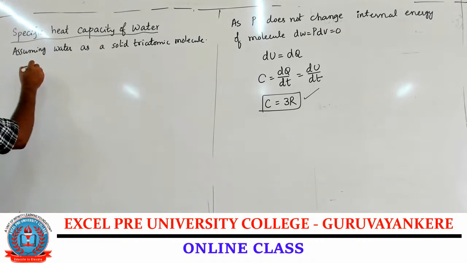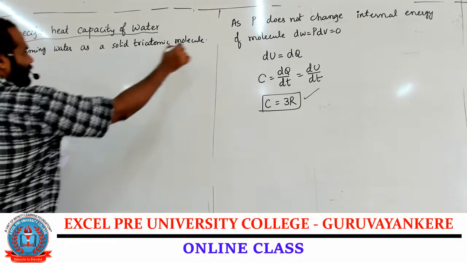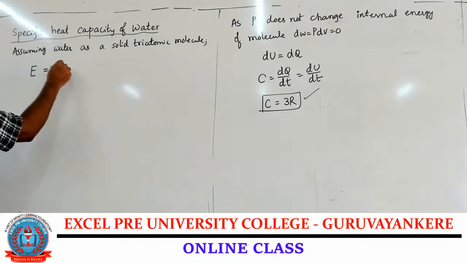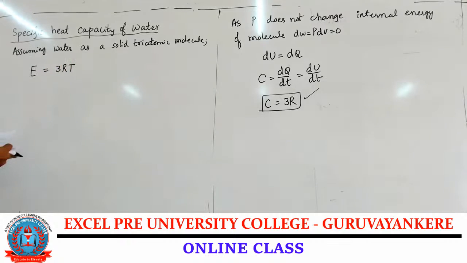Now the average energy of solid triatomic molecules will be 3RT. That is for 1 mole of the solid consisting of n atomic molecules. The average internal energy will be 3RT because it will be confined in all 3 directions.